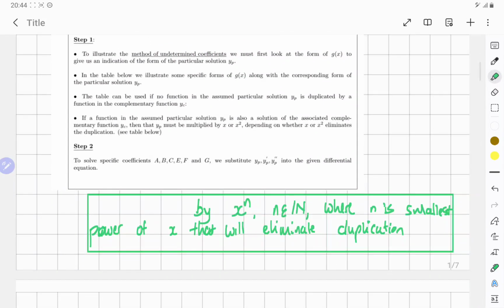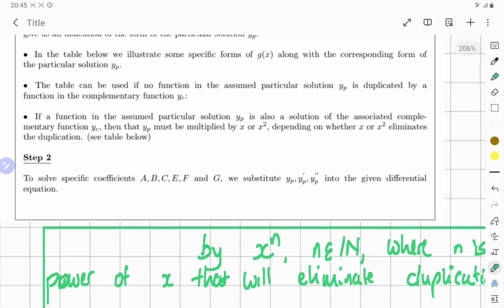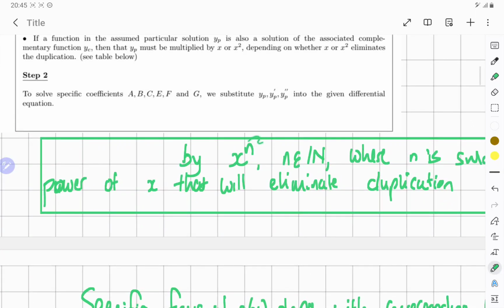Now, the next sentence is extremely important. If we have an assumed particular solution, and we look at the associated complementary function, and some of the terms of this assumed particular solution are duplicated in our complementary function, then our assumed particular solution must be multiplied by, now I'm just saying this to make it more clear, x to the n, where n is a natural number.